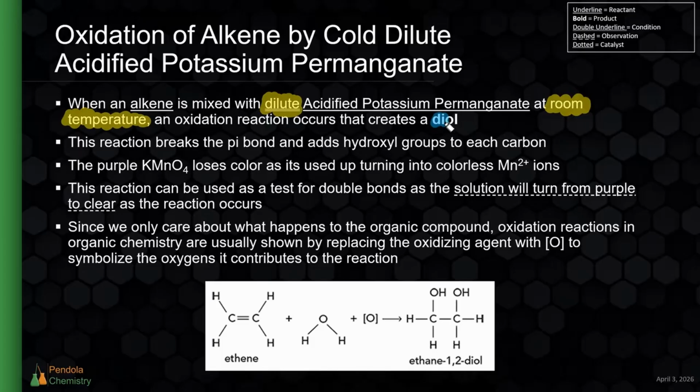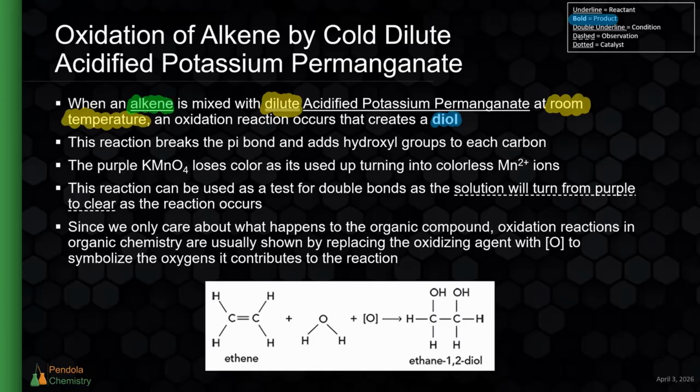Remember, di means two, ol means alcohol. So a diol, being our product, is a 2-hydroxyl group alcohol, meaning that it has two OHs on it. This is going to happen when we react the alkene with cold dilute potassium permanganate, or cold meaning room temperature, not heated.